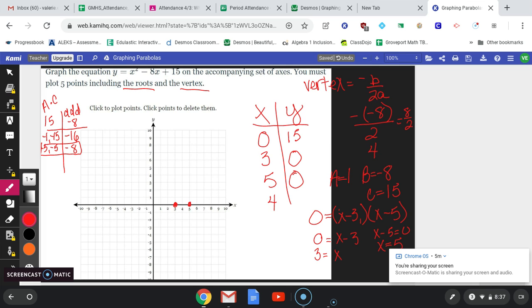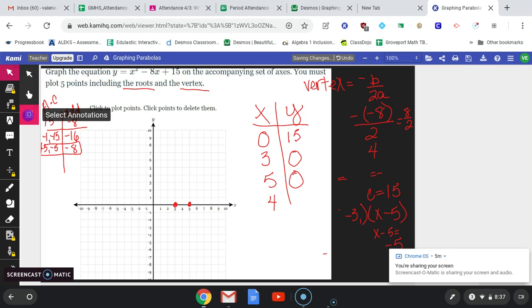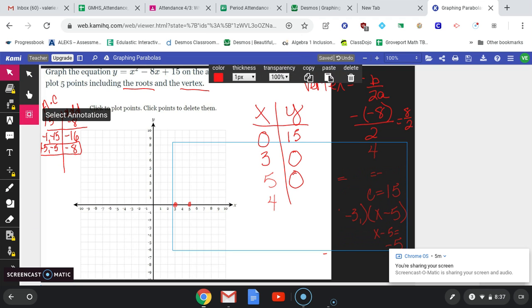So now I'm looking for where x equals 4. So now I can just go back and plug that in. Quicker way.